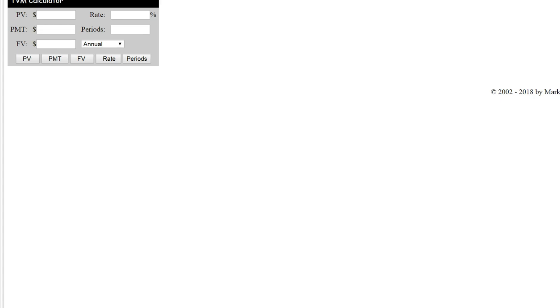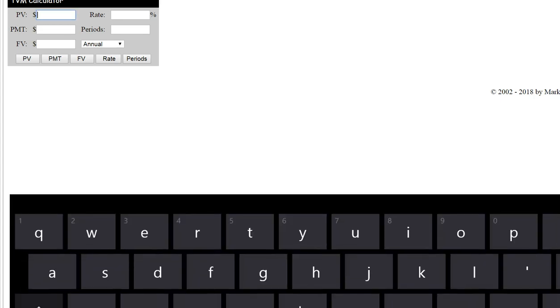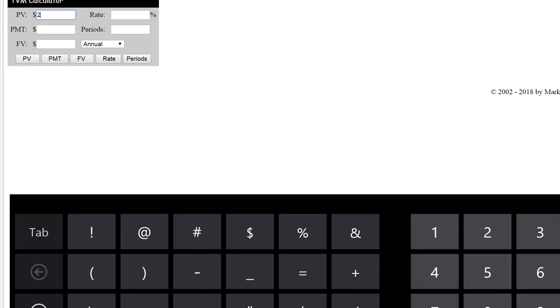So now we're going to put in our values. Okay, so the present value, the amount you get, that's positive because it's being given to you. So that was $230,000. Your payment is negative because you're paying it out, so that was negative $1,601.20.